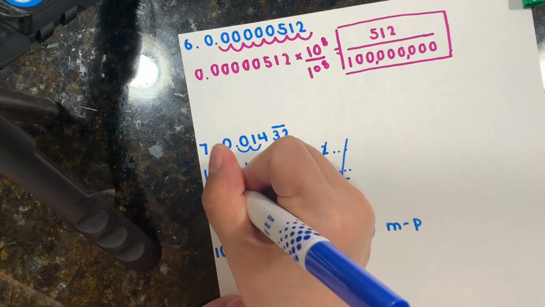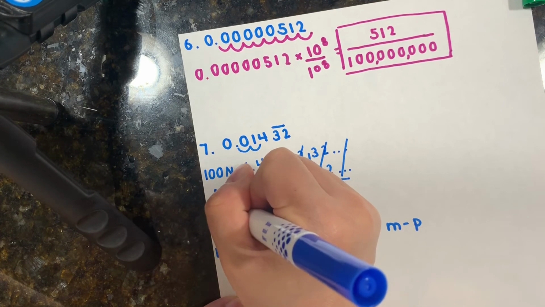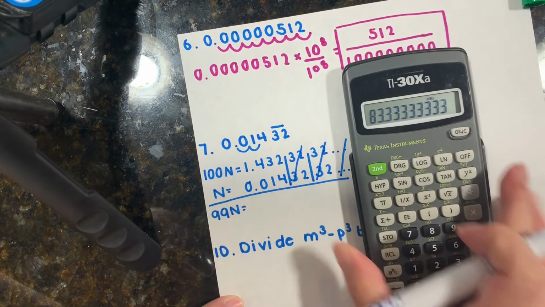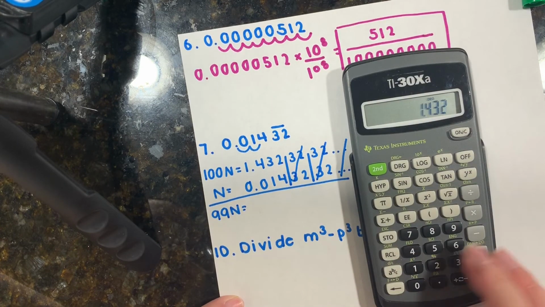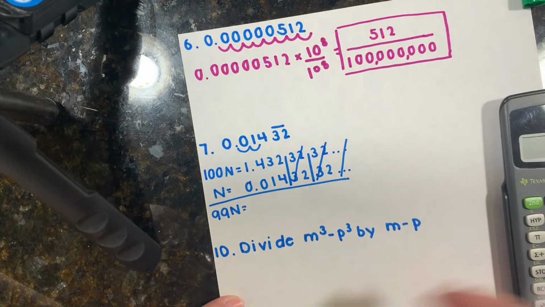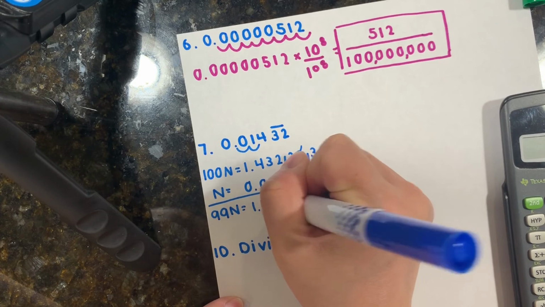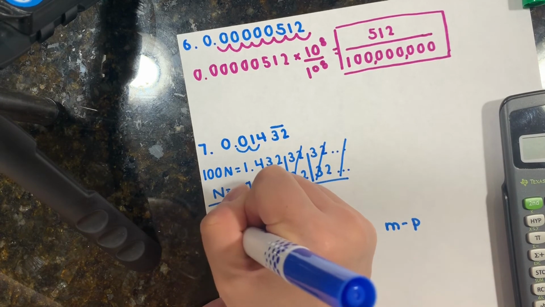On the left-hand side, I would subtract n from 100n, so that would be 99n. And on the right-hand side, I would do 1.432 minus 0.014, which would give me 1.418. And then I'm going to divide both sides by 99.